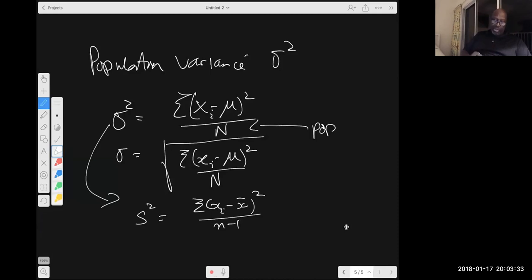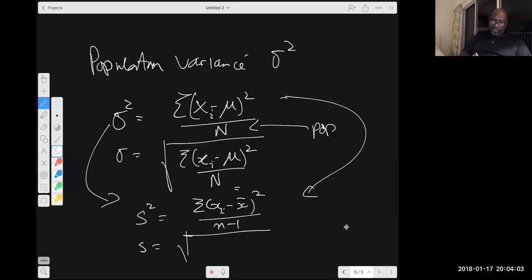It is similar to the population version, except that instead of capital N we have small n, and instead of mu we have x bar. The sample standard deviation is just the square root of the variance.